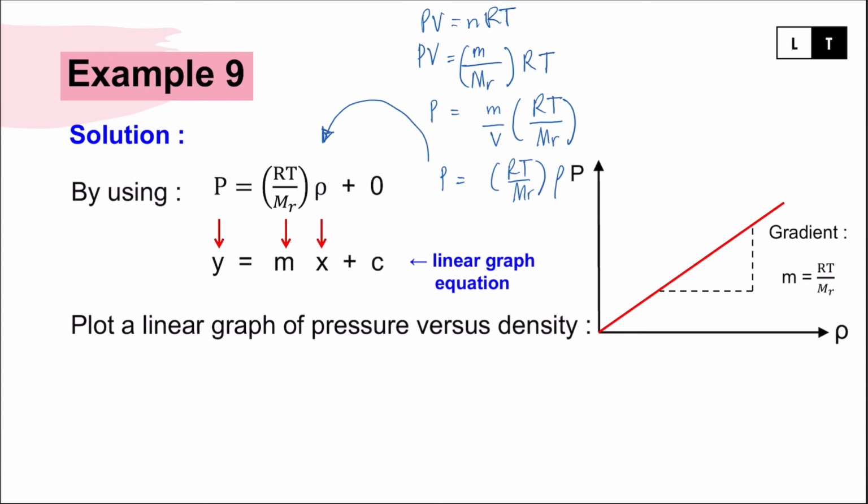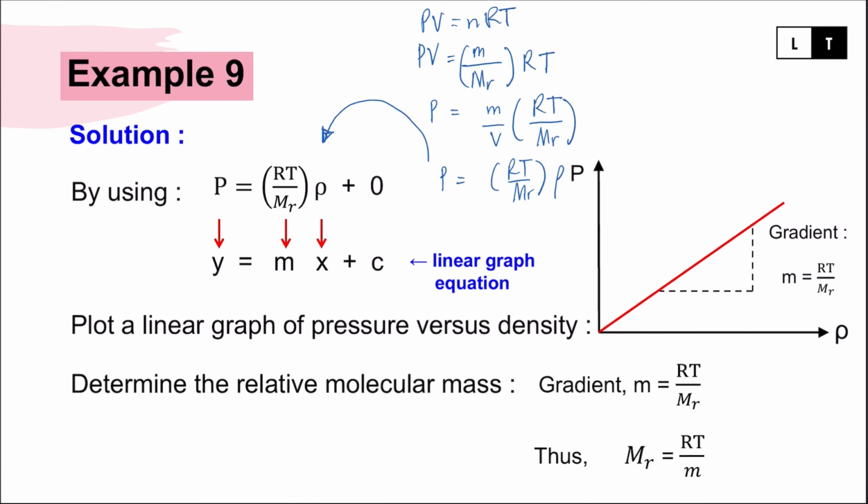This is just an example, I am not showing it in detail, but I hope you understand using the values from the table on the previous slide. We will have this linear graph and you have to determine the gradient for the relative molecular mass, where your gradient you get based on the formula RT over MR. This is from this one, okay? And then you rearrange to get the molar mass. I hope you can try this example 9 question on a proper graph paper.